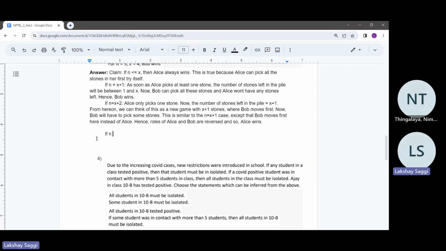So similarly, if n equals x plus 3, then for all these cases, I'll leave this as an exercise to you. Try it yourself.